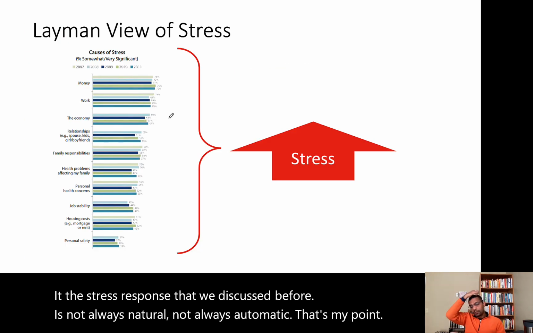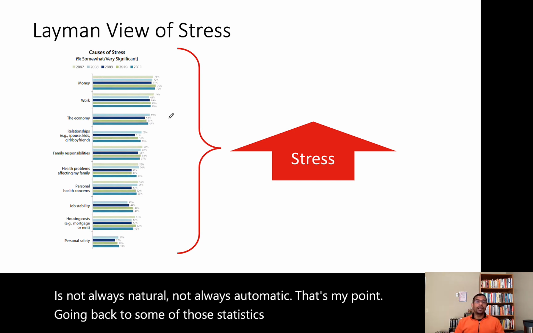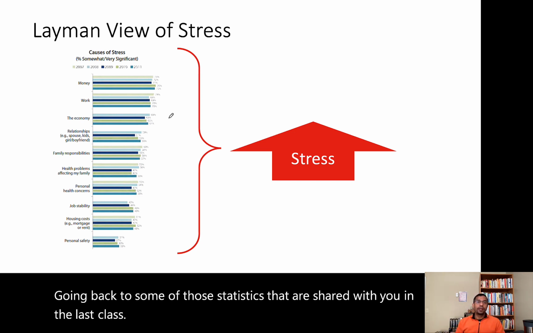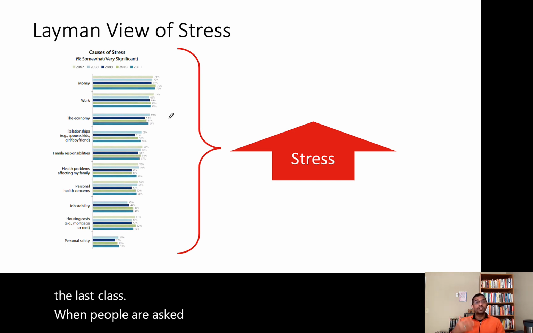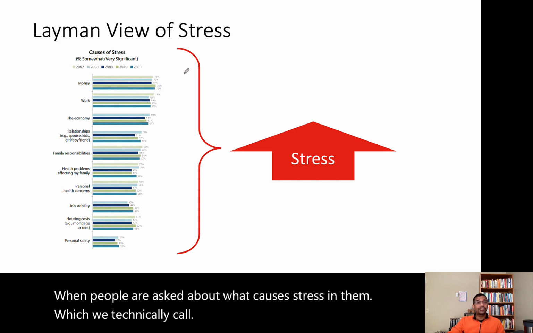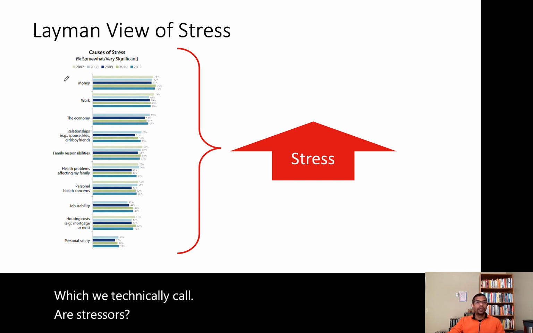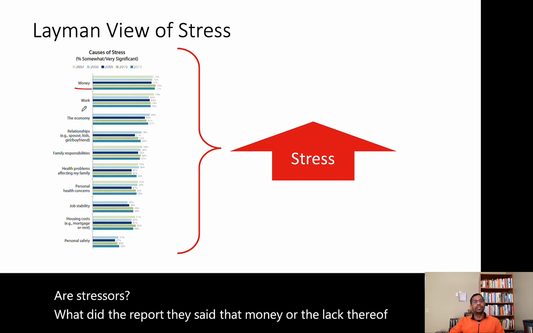Going back to some of those statistics that I shared with you in the last class, when people are asked about what causes stress in them, which we technically call our stressors, what did they report? They said that money or the lack thereof caused stress within themselves.